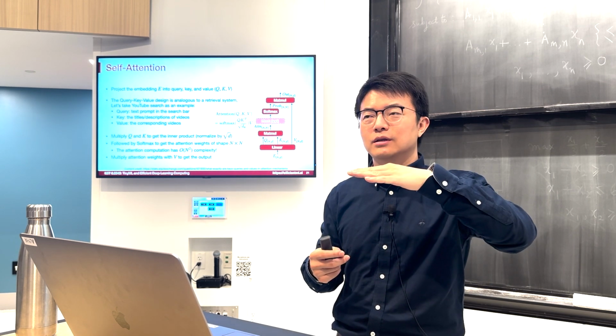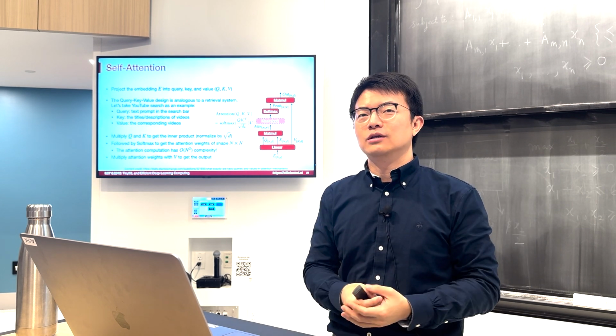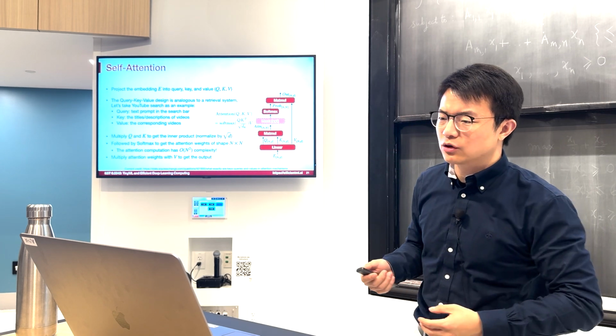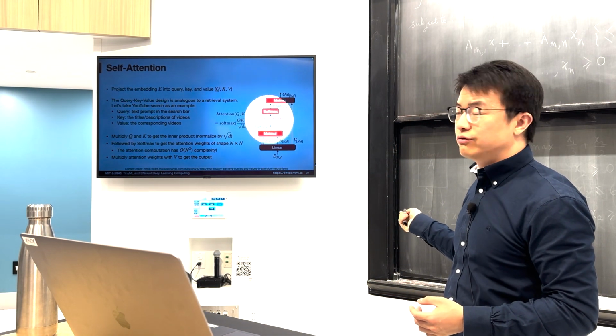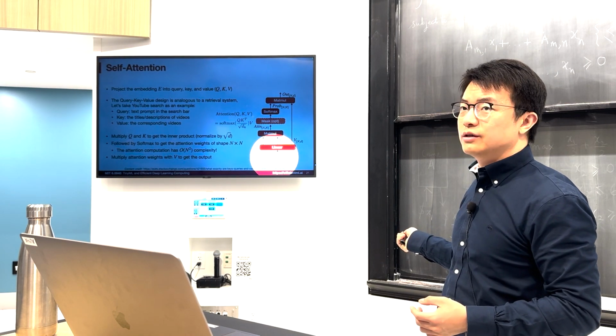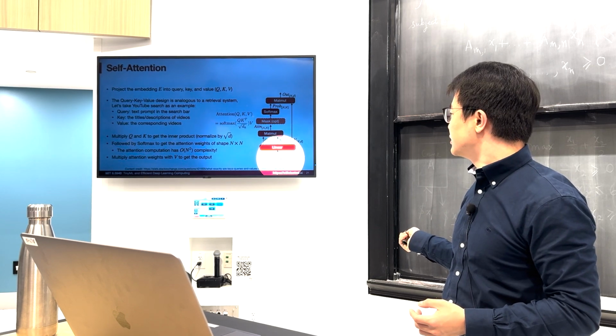So what do we do here? We have n tokens. We want to have an n square matrix to model the interaction between each of them. So let's see how do we do that. On the right hand side is the computation flow. We first have an input vector, n tokens, each token has the hidden dimension.